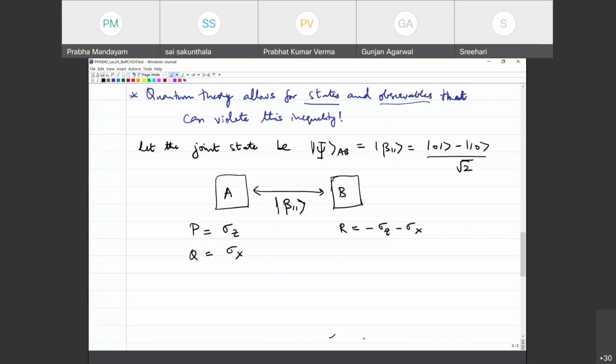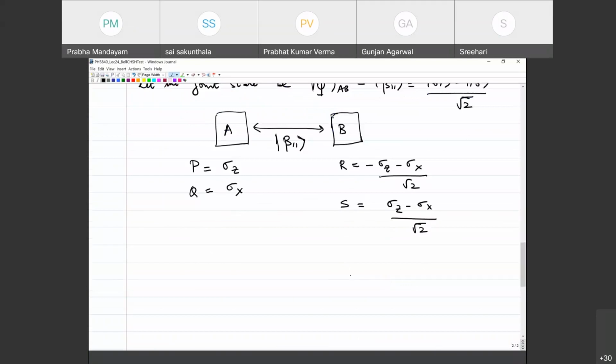And S is sigma Z minus sigma X by √2. Of course, note that we have chosen these 2 observables P and Q such that P and Q do not commute, correct? The commutator of PQ is not 0.